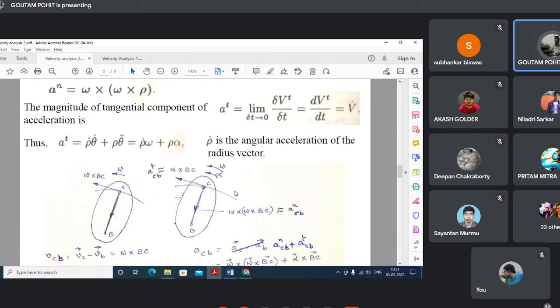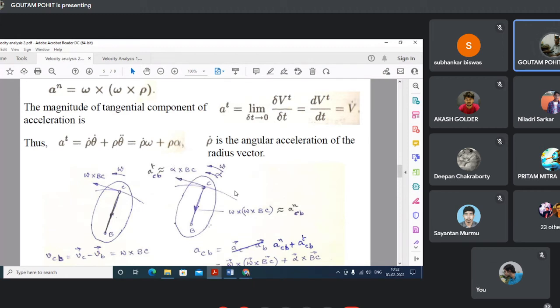And the same link, suppose it is moving with an angular velocity and angular acceleration, omega and alpha. Then what will be its tangential acceleration? Tangential acceleration will be alpha into BC.